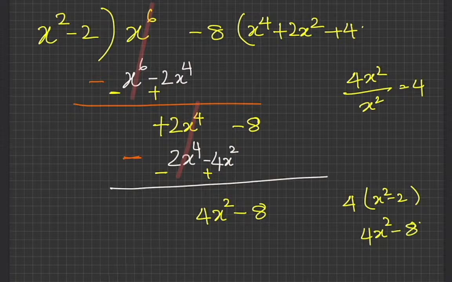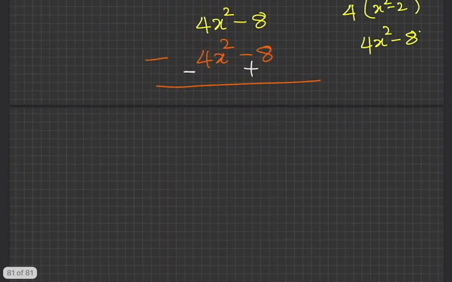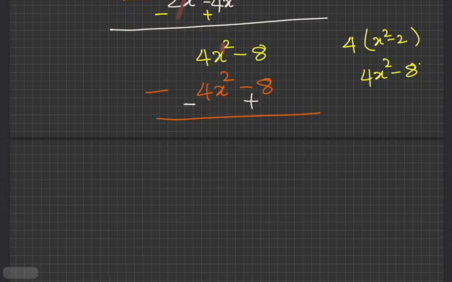So subtract 4x squared minus 8. I have positive 4x squared, that's going to become negative 4x squared. I have a negative 8, that's going to become positive 8. So these two cancel out. My remainder is 0.